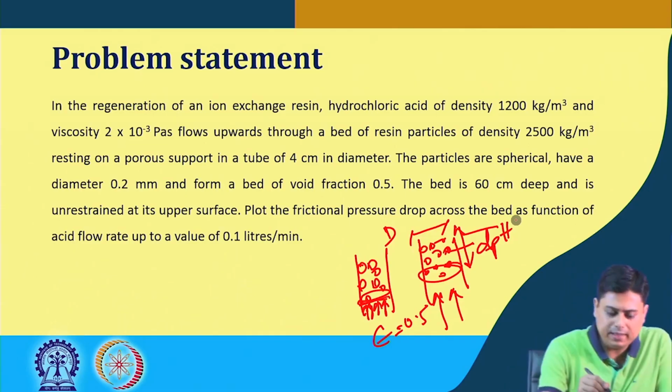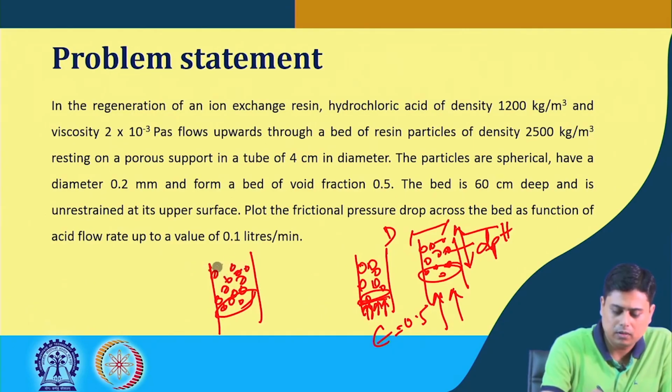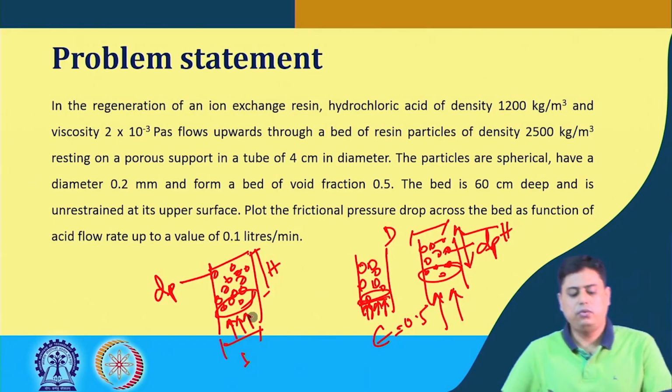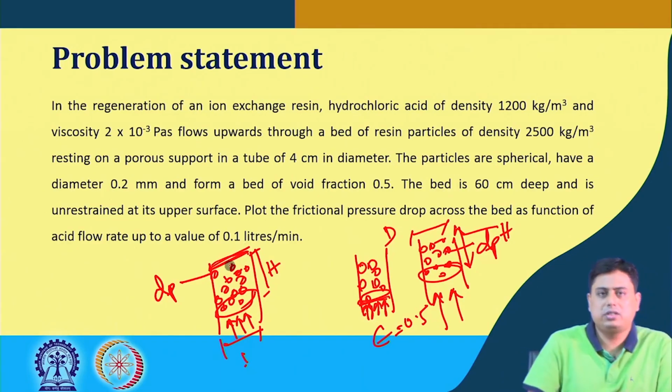The point is, I hope you have realized the problem: let us say this is the height H, this is the diameter D, the particle diameters are small dp, the void fraction is known, and our hydrochloric acid is flowing upward, but the top section is unrestrained.